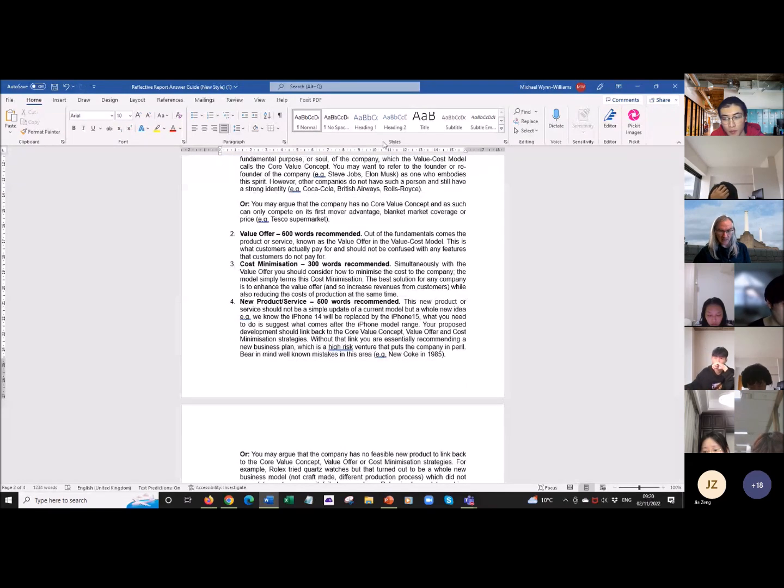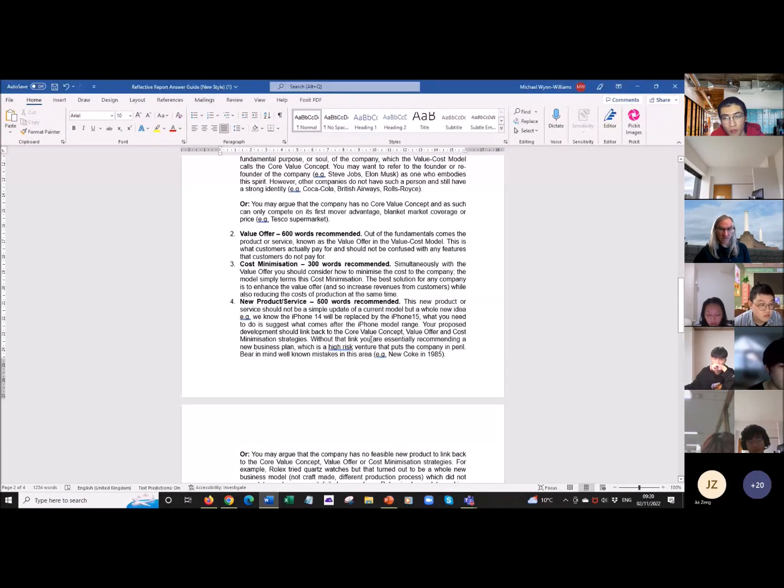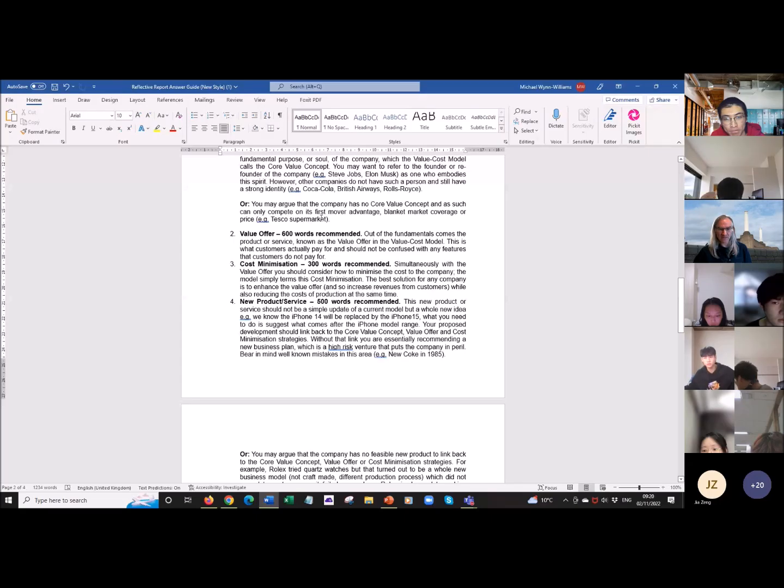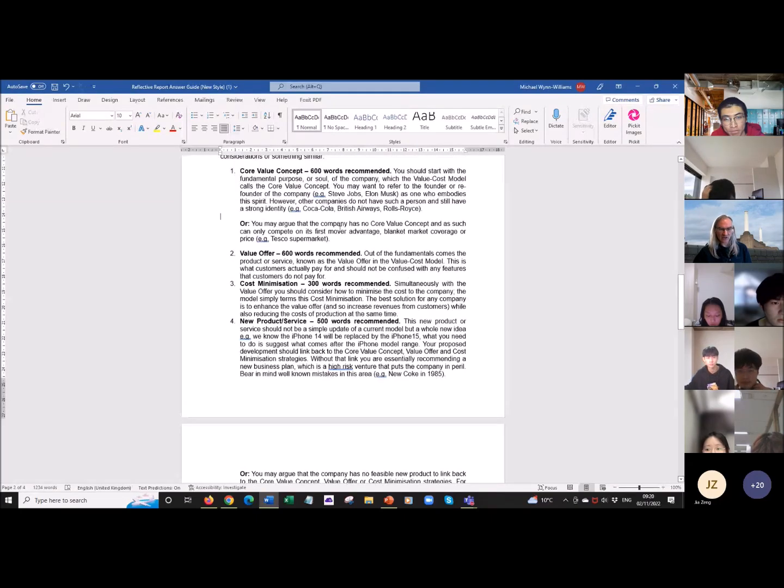So it could be that there is no new product or service that the company can do, in which case it needs to spend the rest of its existence focusing on the existing value offer and the existing cost minimization. That would be Rolex right there. And it's got the existing core value concept. So Rolex will probably never move on from 1, 2, and 3.